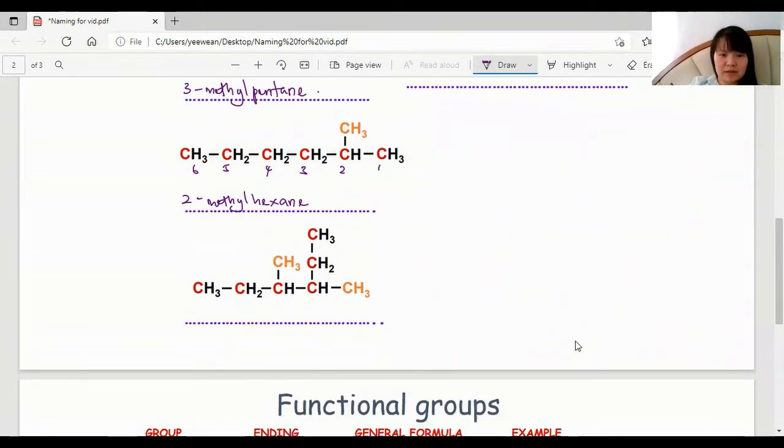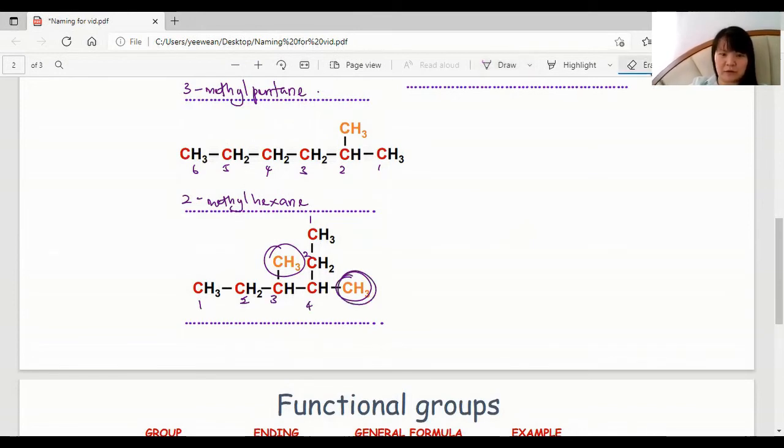The next one, this is the longest chain. If I count from the top, 1, 2, 3 has a substituent, 4 has another substituent, 5, 6. If I count from the left side, 1, 2, 3 has a methyl and 4 has a methyl as well.